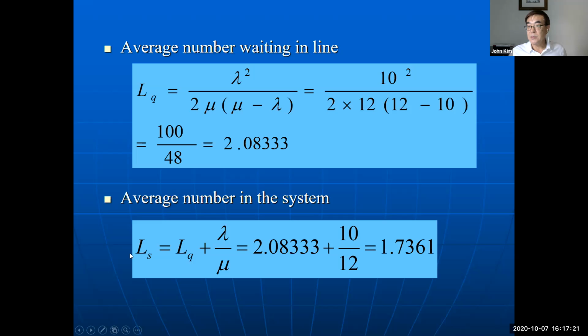And then LS, LQ plus lambda over mu, the utilization rate. So 2.08333 plus 10 over 12 equals 2.92 cars or customers in the system.